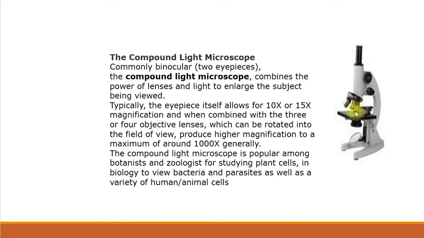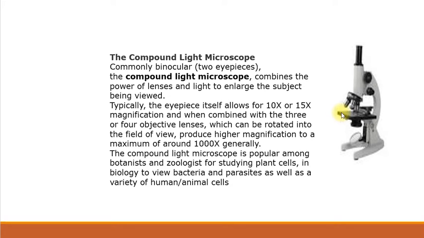Typically the eyepiece itself allows for 10x and 15x magnification, and when combined with the 3 or 4 objective lenses which can be rotated into the field of view, it can produce higher magnification, at the maximum of around 1000. The compound light microscope is popular among botanists and zoologists for studying plant cells and animal cells in biology, to view bacteria and parasites, as well as a variety of human and animal cells also.